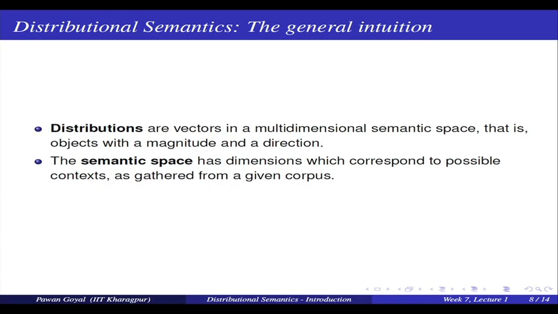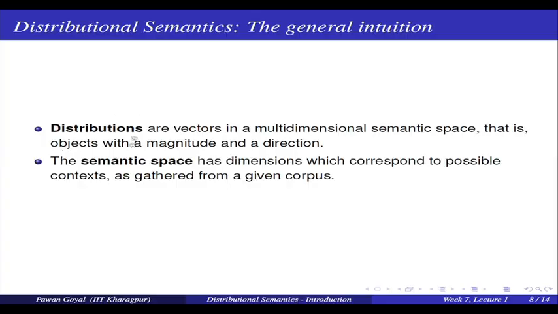Now, when I talk about distribution semantics, what do I mean by the two terms? When I say distribution, they are the vectors denoting different words, and they are vectors in some high dimensional or low dimensional space, and this space is the semantic space.